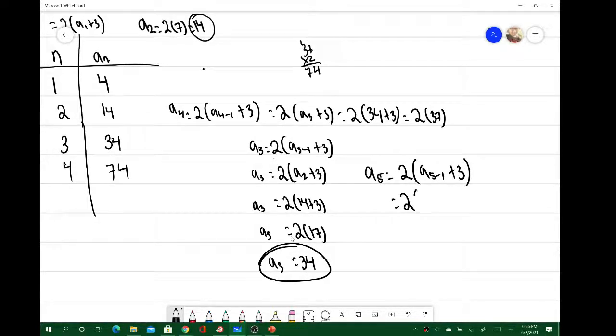That's equal to 2 times a sub 4 plus 3, and a sub 4 is 74.